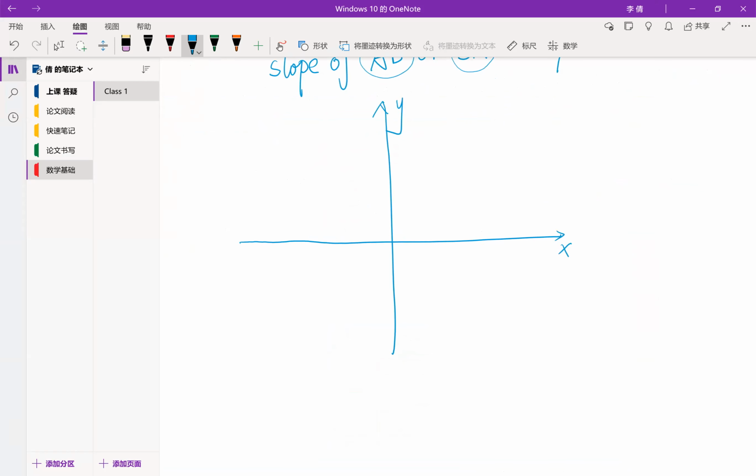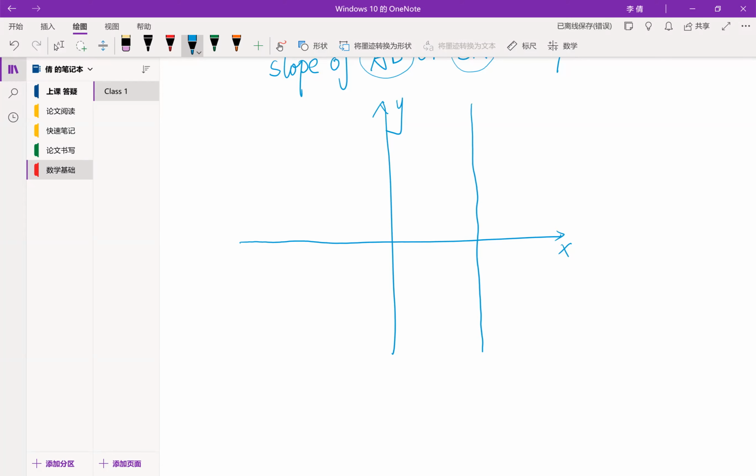If there is a vertical line, we can't define the slope of this line, right?